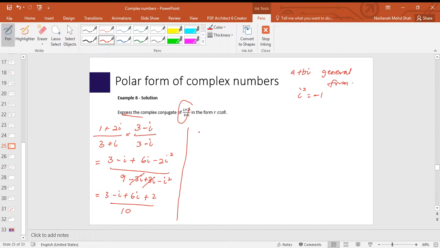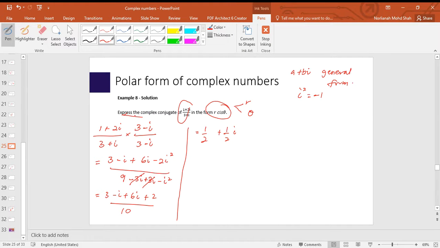Finally, we have 1 over 2 plus 1 over 2i. So this is the general form of the complex number. Now we need to form the polar form of the complex number. First of all, we need to find the value of r, followed by theta.